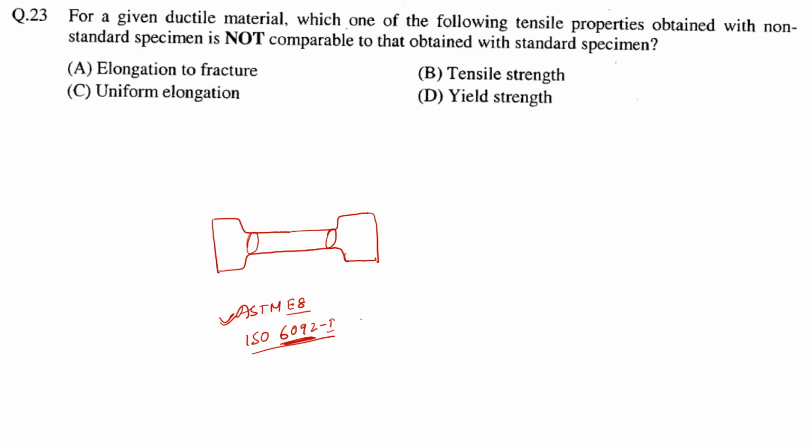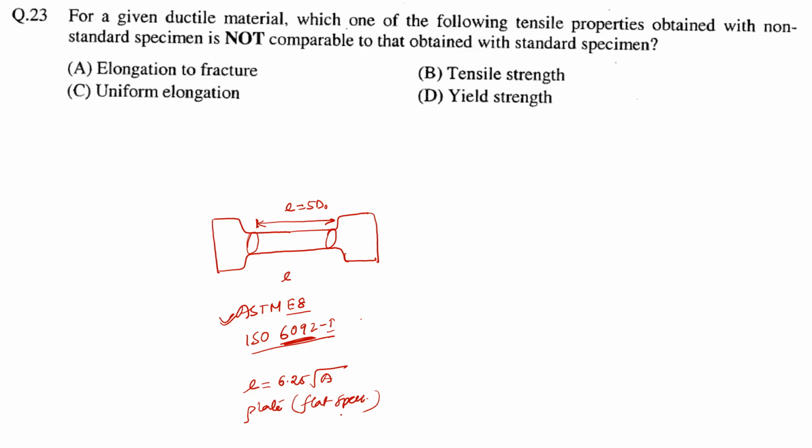The gauge length L is equal to 5 times D naught, that is the diameter for a cylindrical one. Suppose this is not a cylindrical one, then the length is calculated as 6.25 times root over area. This is for a plate type or flat specimen.